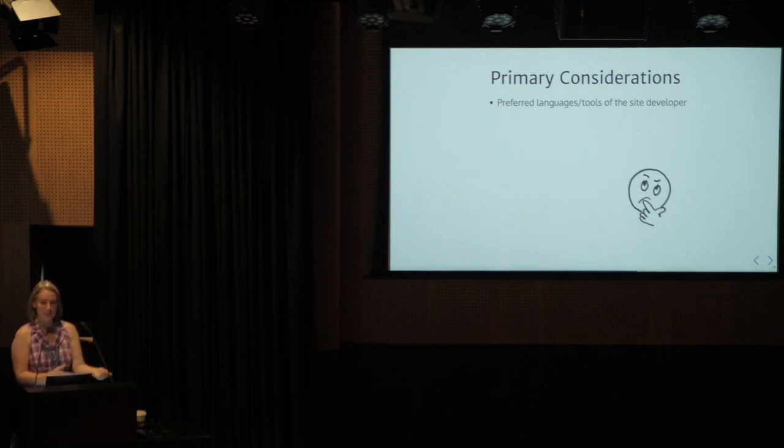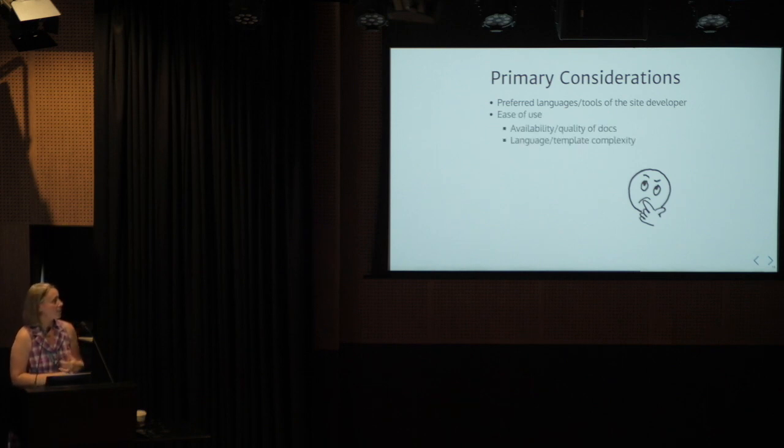And if you have someone else building your site, or if you are the one building your site, whoever the person is that's developing it, you might want to choose your site generator based on languages that you like to work with. So if you hate Ruby, don't pick Jekyll. So things to think about. That can be, depending on how much freedom you have and who's developing the site, that might be one of your first considerations, is what that person likes to even use in the first place.